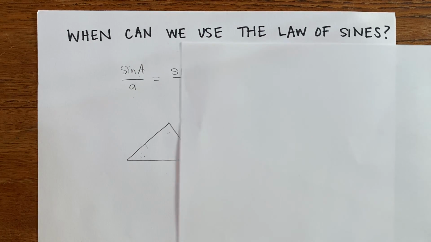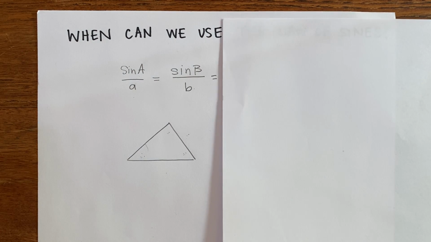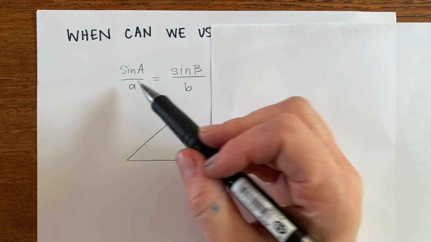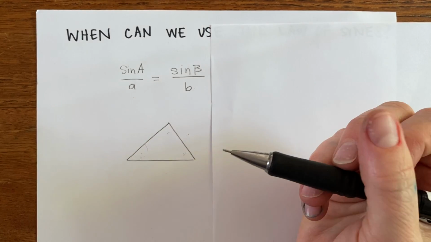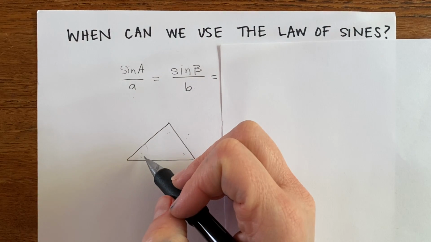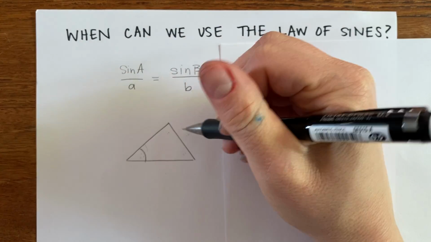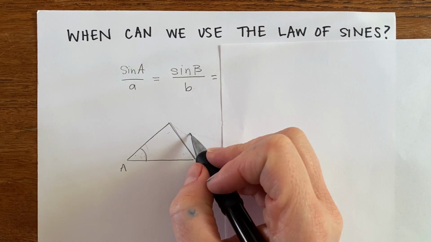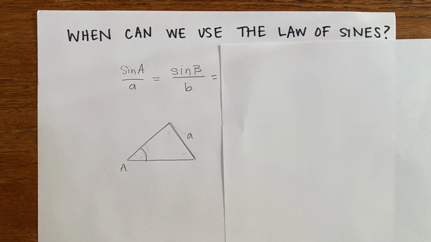We probably are only given this much information, hopefully. And we need 3 pieces of information to find the 4th piece of information, right? So if we had maybe an angle and an opposite side, so this could represent the sine of angle A and side A, we would need something else.